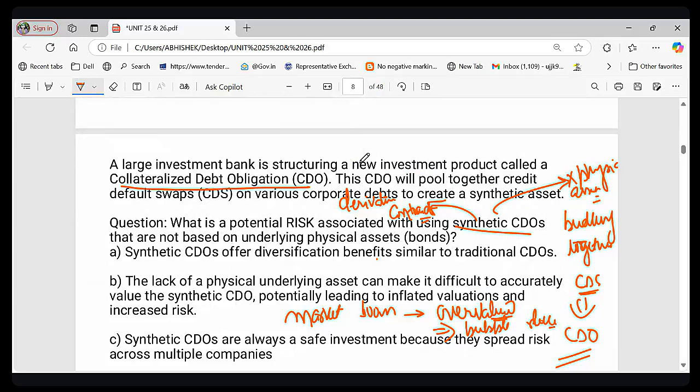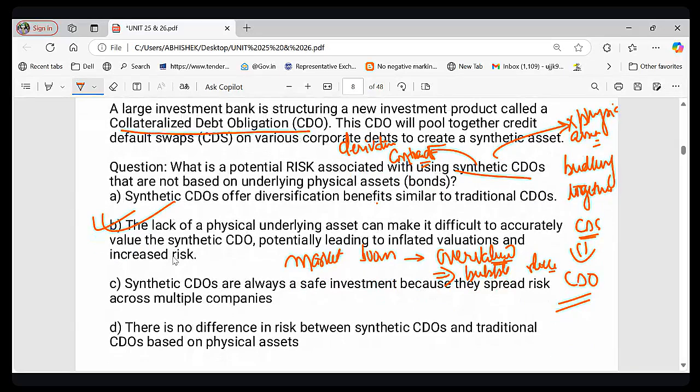Would you feel secure investing in such a product? Because it is hard to value them accurately, since there is no real bond, there is no loan to measure. Their value depends on market estimates and complex models, and they are more prone to inflated valuation. That is why option B is the correct answer to this question.